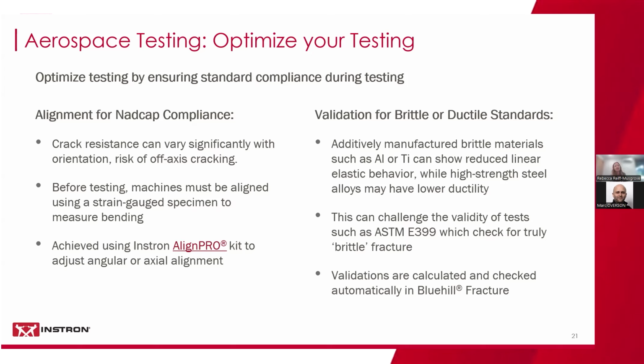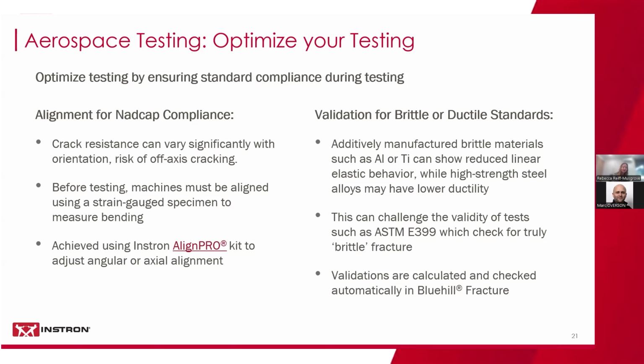So if you think about ASTM E399, which is the brittle fracture test, there is a check in that to check that you have truly brittle fracture. It checks the ratio between, they've got a 0.2% offset load. So what we can do again with Instron solutions is, in BlueHole fracture, we calculate and check the validations automatically.